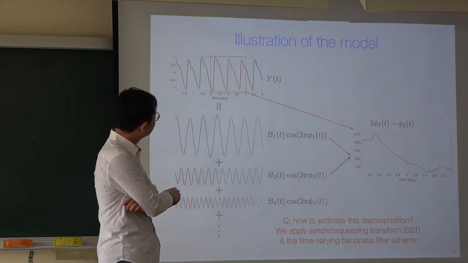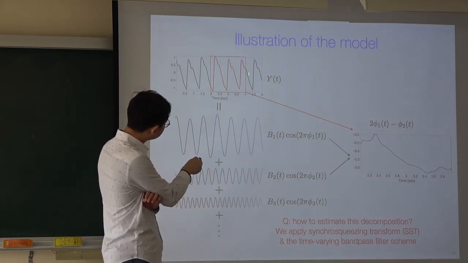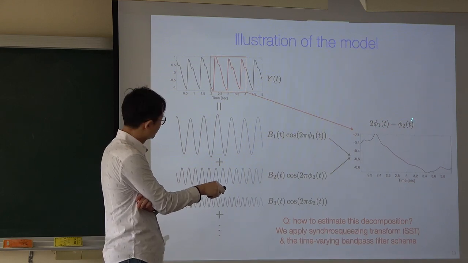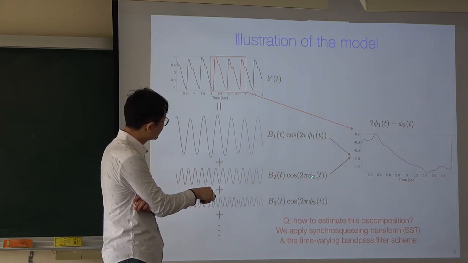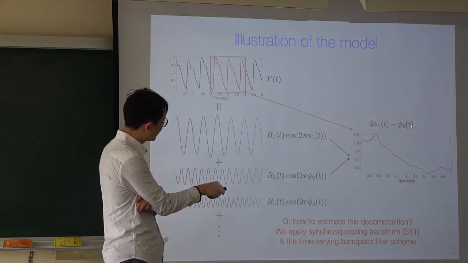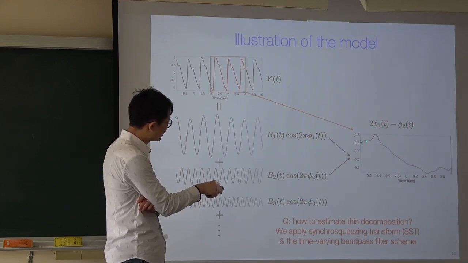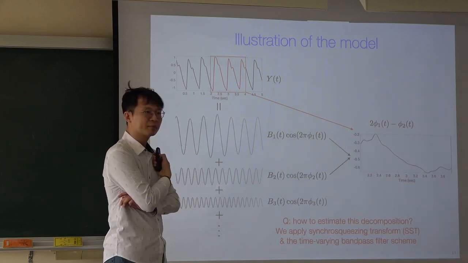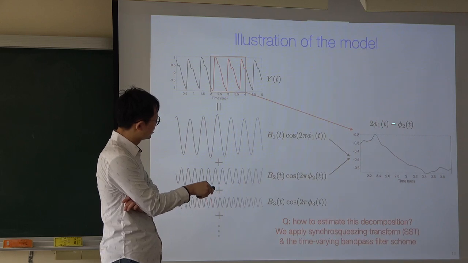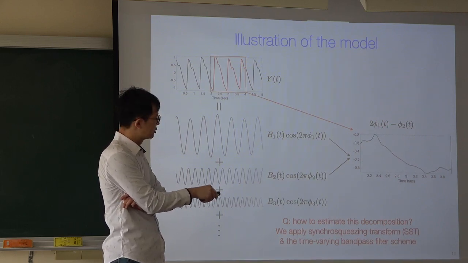And now, if you focus on this region and you compare with their phase, the phase of phi 1 and phi 2, and you multiply phi 1 by 2 and subtract it by phi 2, then you see it is time varying. And it varies a lot.